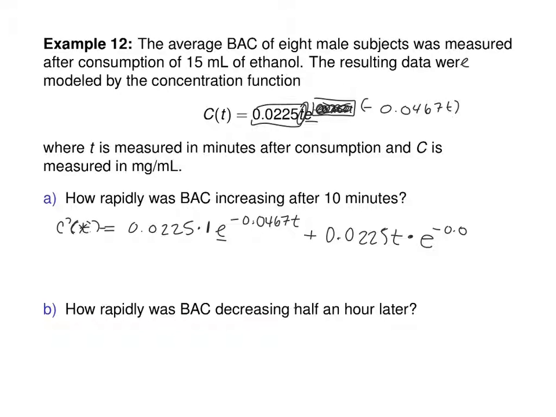And does it change because the power is different? What do you have to multiply by to account for the chain rule? Negative 0.0467.